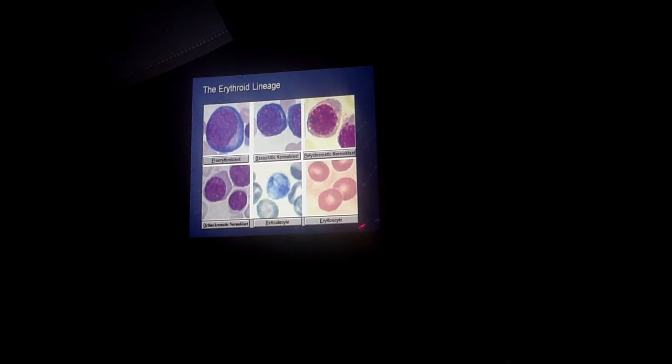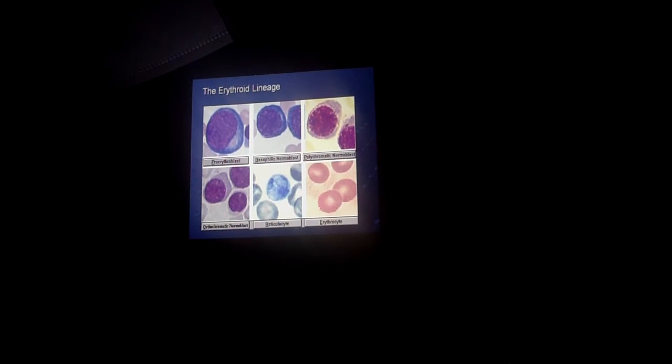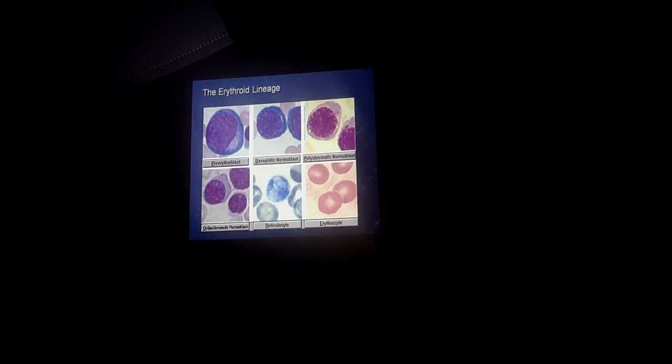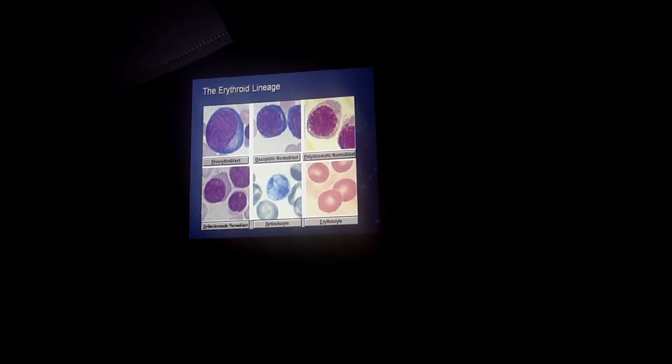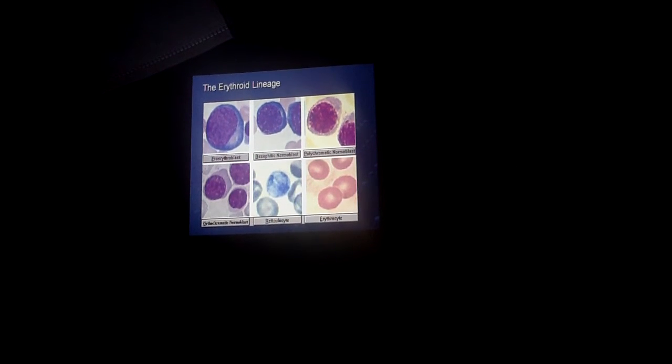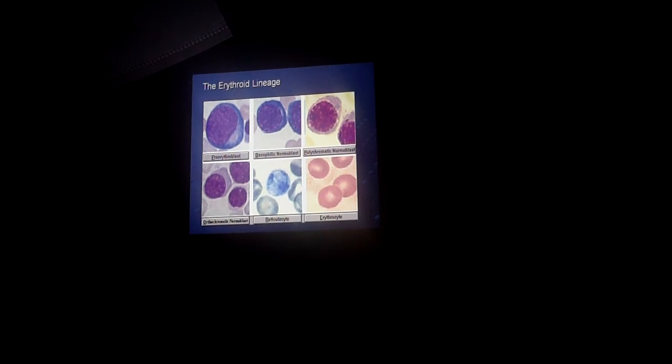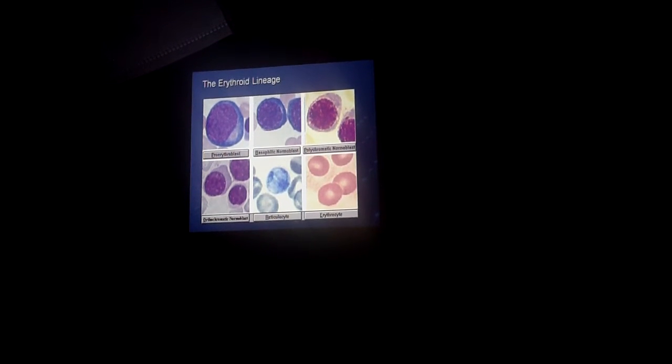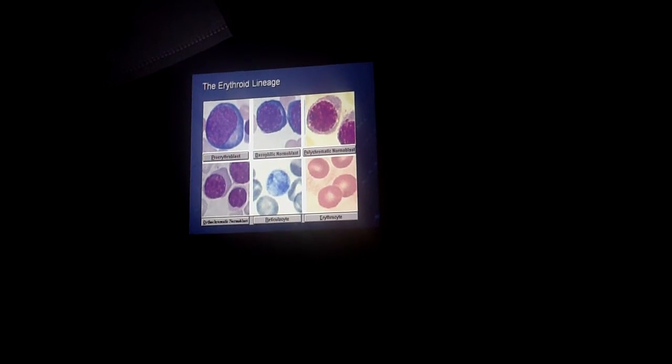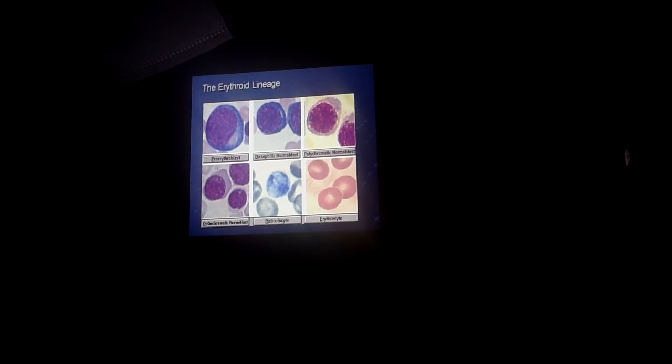Now, its cytoplasm is colored pink because it contains what type of protein? Hemoglobin. Hemoglobin is a protein which is still synthesized in what organelle? Particularly, what type of RER? So, please remember that because it will become significant in the appearance of the precursors of the red cells later.